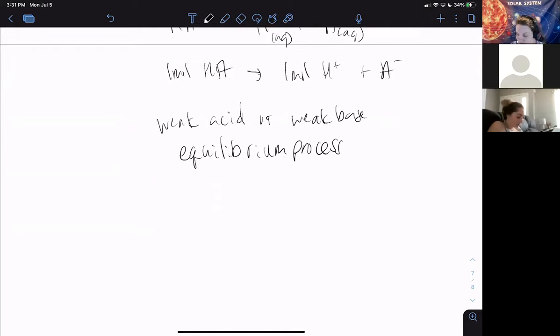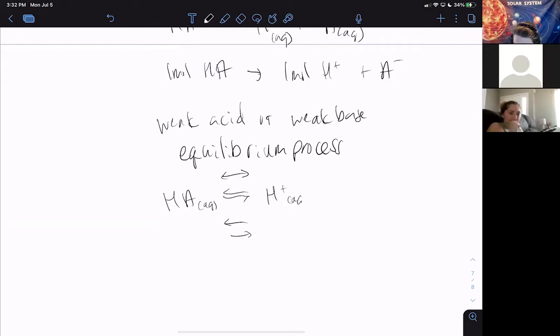So weak acid and weak base, instead of completely dissociating, some of it will dissociate. And we can show that using a two-way arrow. So it's either like that, or you can see it like that, or sometimes it'll be written like this. All three of these are the same. So some of it will break down into ions, but some of it will remain intact.